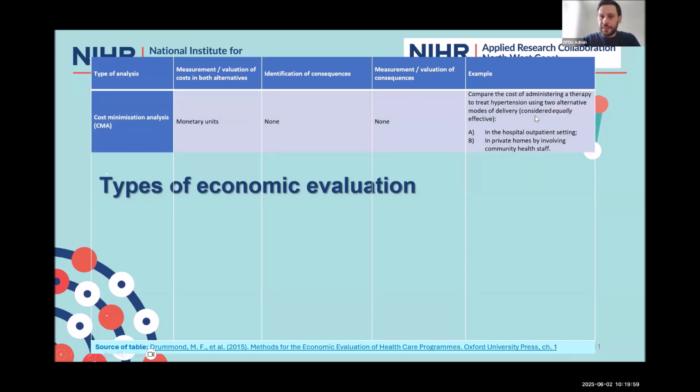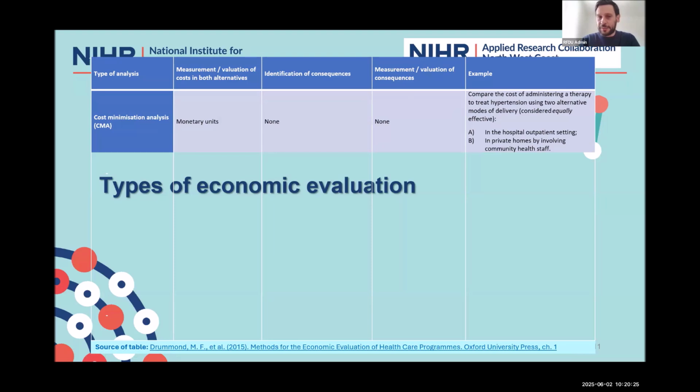And if you look at the example here on the last column, in this hypothetical study, the authors were comparing the cost of administering a therapy to treat hypertension using two alternative modes of delivery, considered equally effective. So there's no consideration around the outcomes because there is perhaps a strong assumption that these interventions were equally effective.